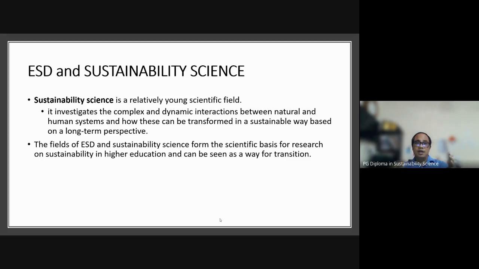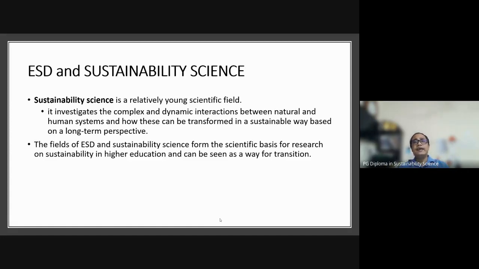So what is sustainability science? The details we'll have in another session, but I'm sure you must have looked into the materials. Sustainability science is very complex and dynamic. It's a very new discipline that studies the interaction between nature and society, which, as you know, is highly complex.